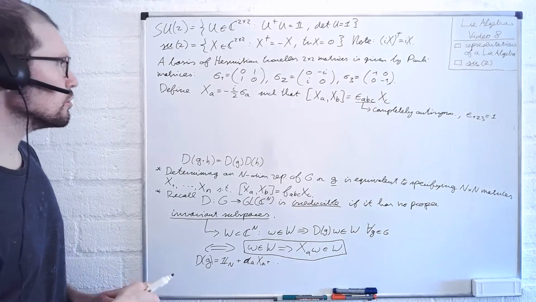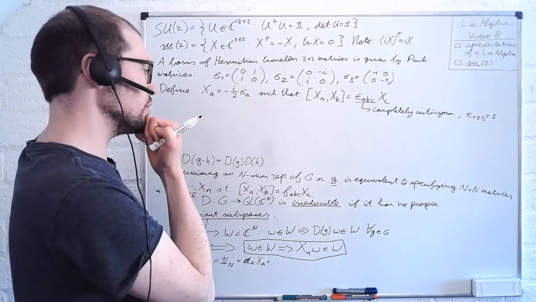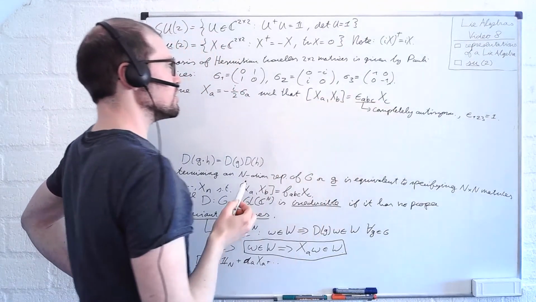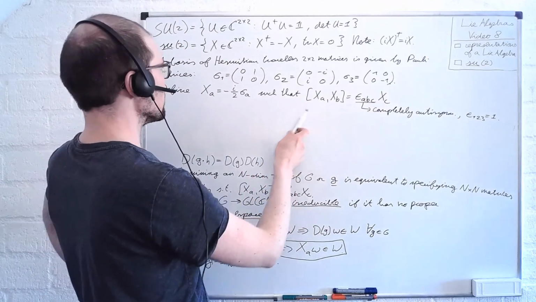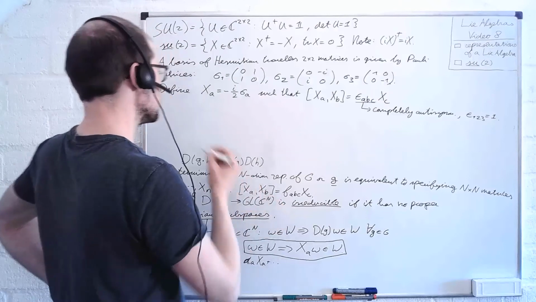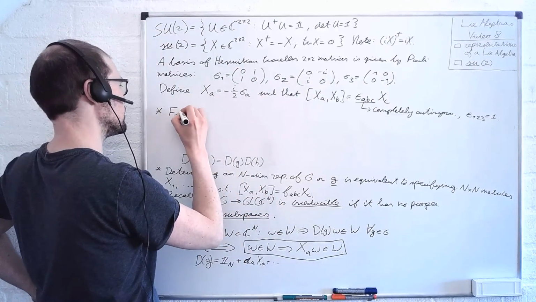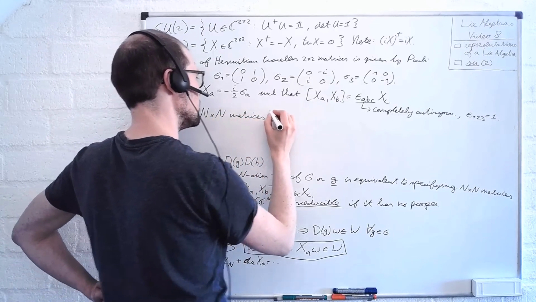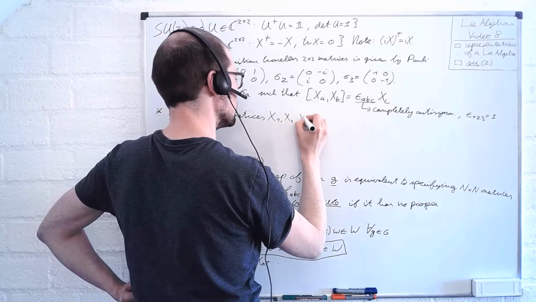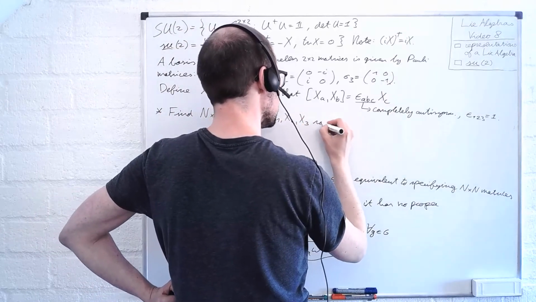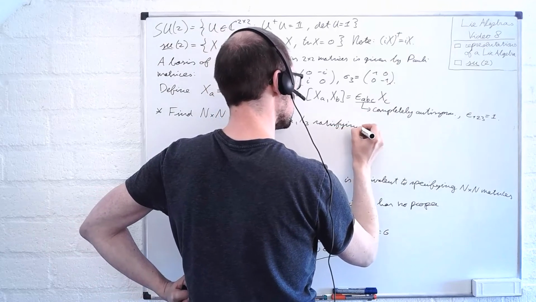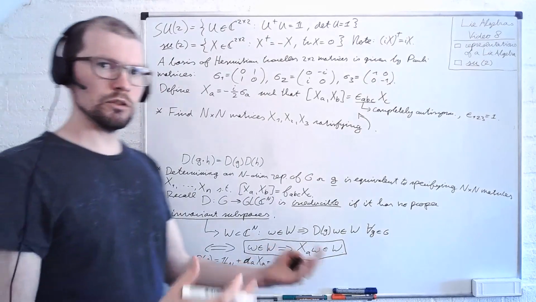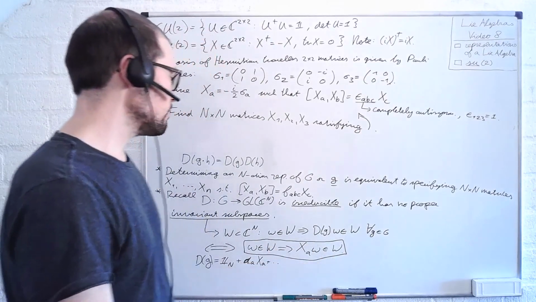So what would be the goal of the remaining part of this lecture? Well, that will be to find different sets of matrices, so not necessarily two-dimensional like in this case, but any dimensional, so find m by m matrices x1, x2, x3 satisfying this relation, and that will automatically then furnish a representation of SU2.